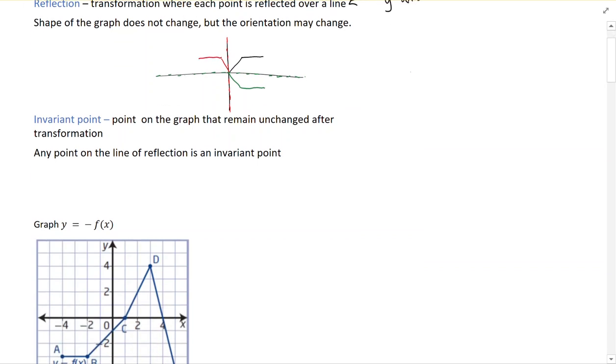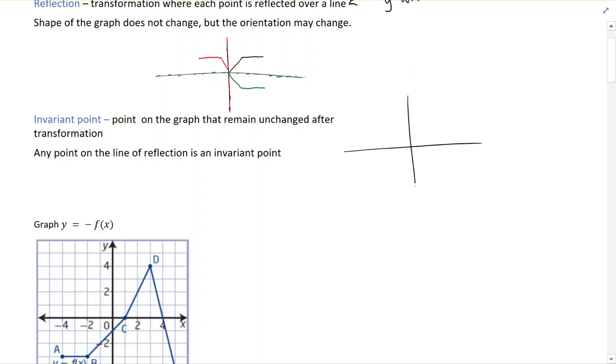Next is something called an invariant point. You did talk about this in PreCalc 11. So as a refresher, this is a point on the graph that will remain unchanged after the transformation. Compared with the original, the transformed graph will have exactly the same point, on the same x and y point.